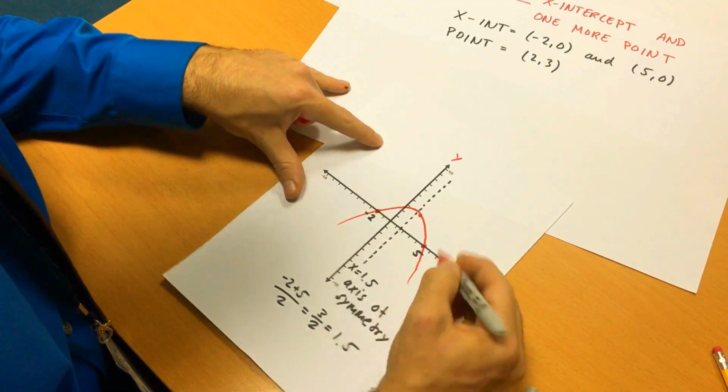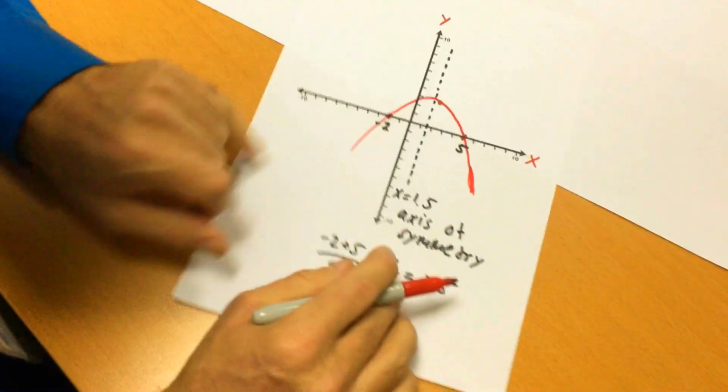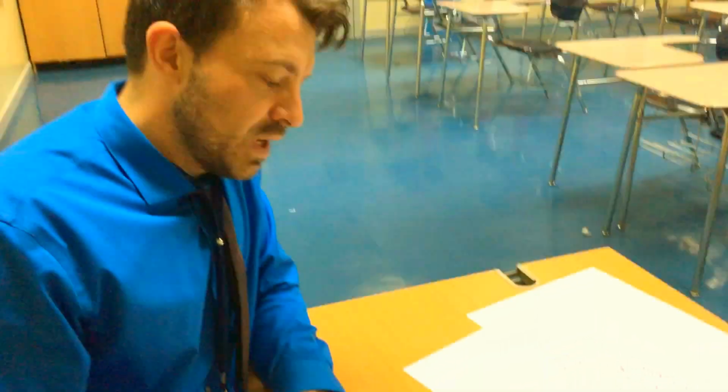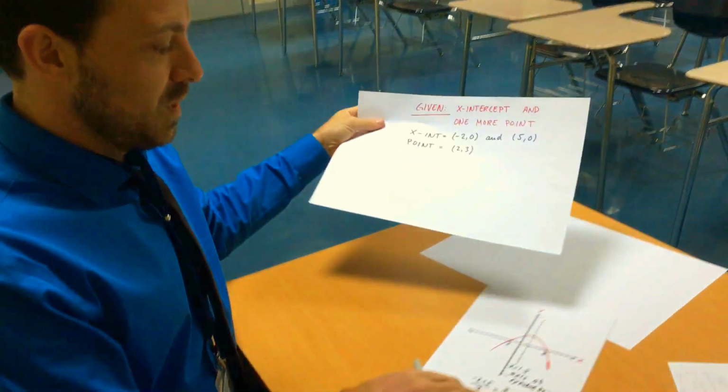Something like this. Can you see how easy it is to graph a parabola without doing the table of values? I'm saving maybe 10 minutes actually. And this is crucial information when I'm writing a test, because just by getting the x-intercepts and another point, any point, I can already graph the whole thing. All right, so let's see if we can get the function going here.